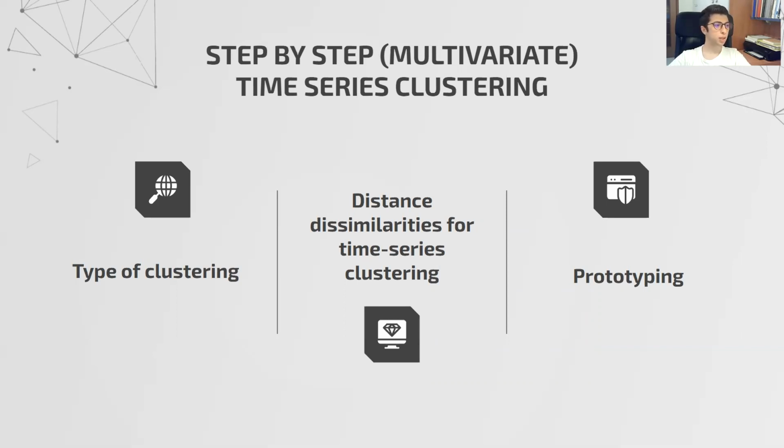What is the distance or the similarity that we want to use to evaluate if one point is far or near to another point, and what is the representative of one cluster that we have identified. So this is the table of content of the next steps.